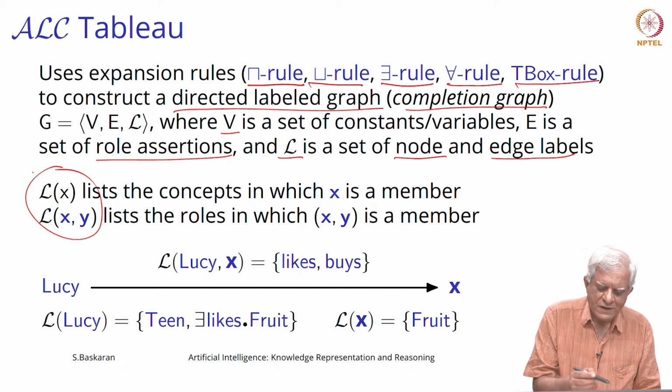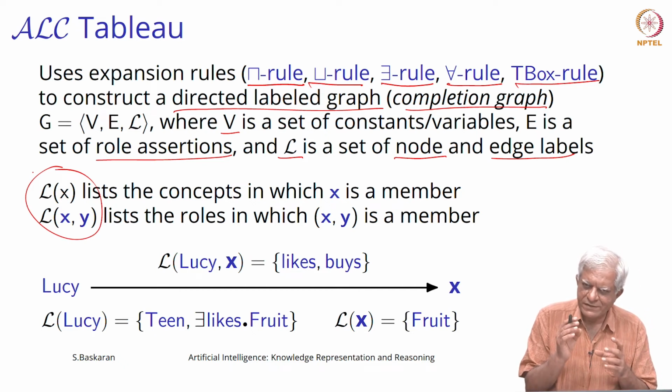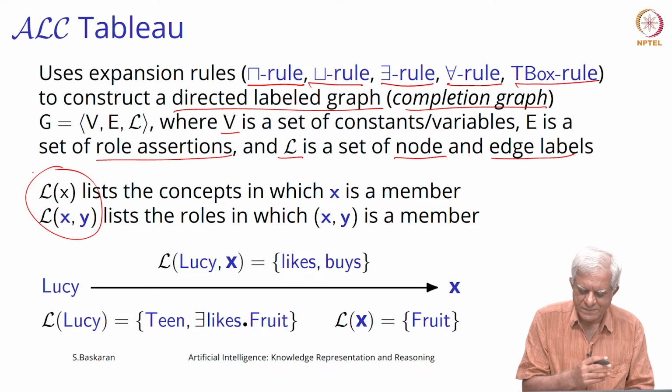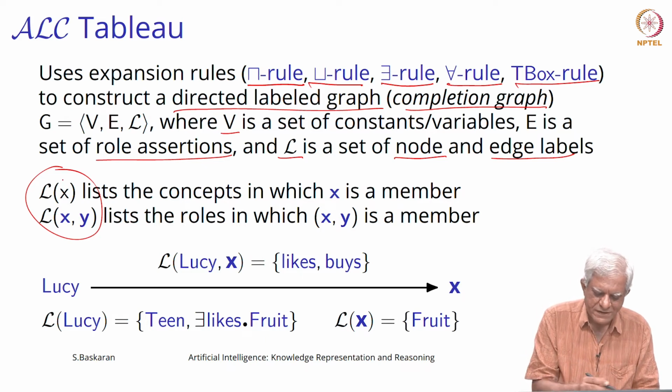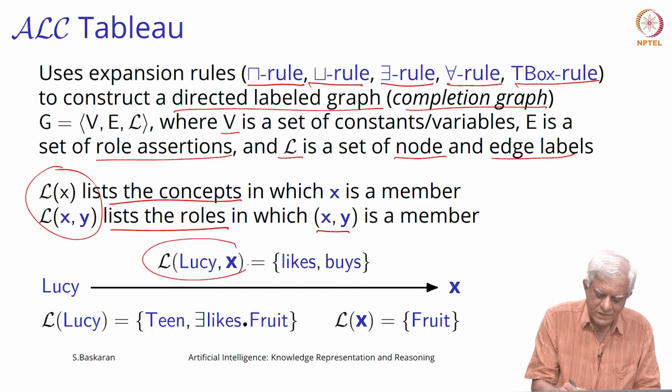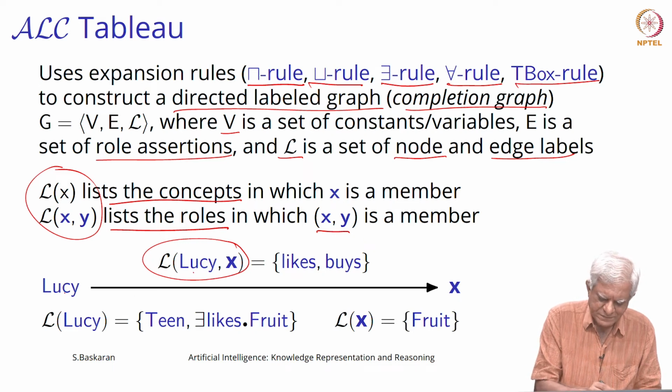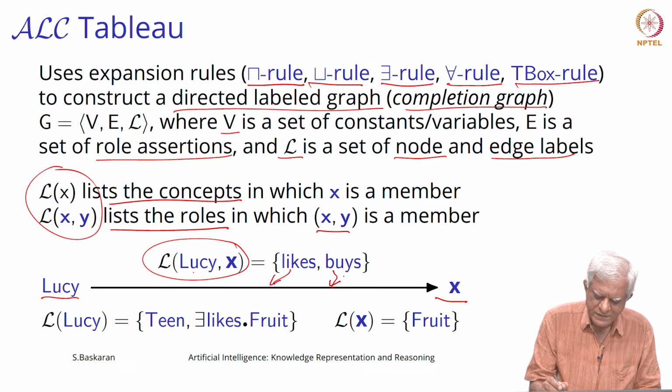So, a node label says that this element X belongs to some concept which will be listed in this list essentially. So, it is a list of concepts. Likewise, there is a list of roles for which pairs of elements are listed. So, if the role label for (Lucy, X) is likes or buys, it basically means that we have Lucy, we have X, and the relation is either likes or buys or both in this case.